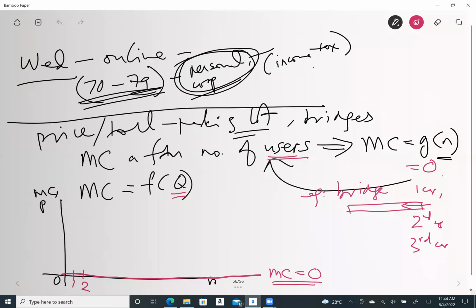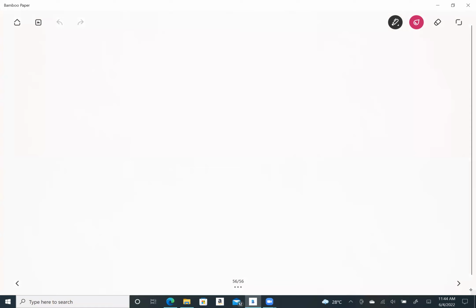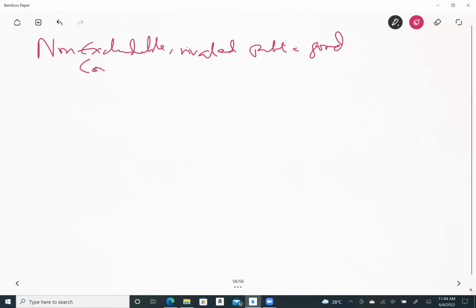Number 2, for the rival, non-excludable partial public good, we call it a congestible public good.